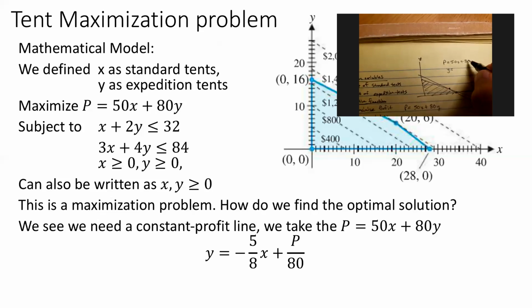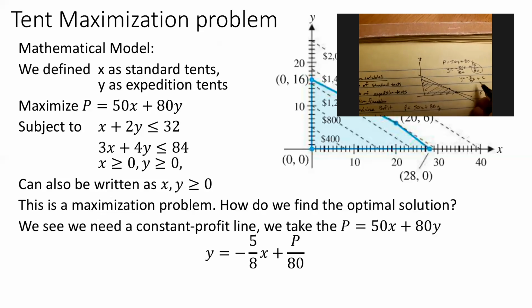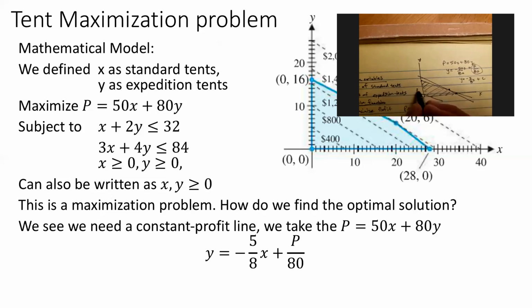So in this case, I'd move 50X over to the other side, so I'd have negative 50X plus P. Now, if I divide both by 80, that's how I can rearrange this. Now, you guys can agree that this is just a constant, right? And so in this case, we can think of Y is equal to negative 5/8 times X plus some constant. So in other words, negative 5/8 would just be a line like this going outward.